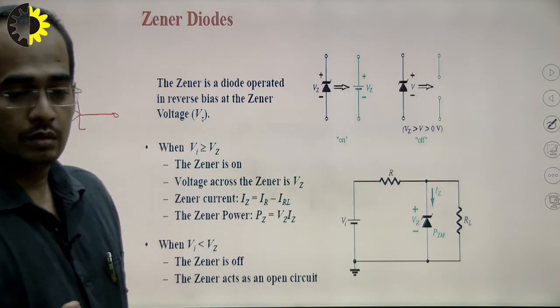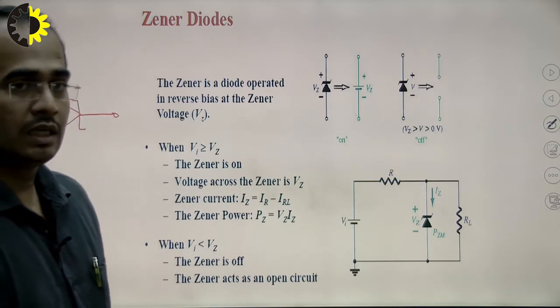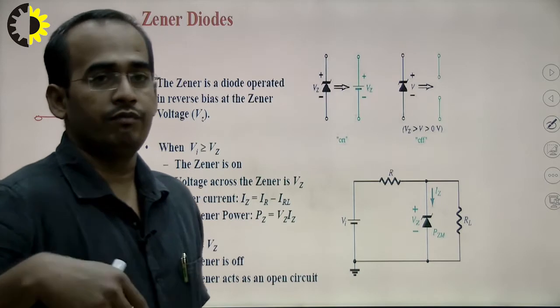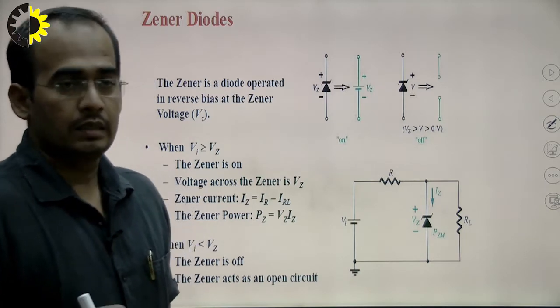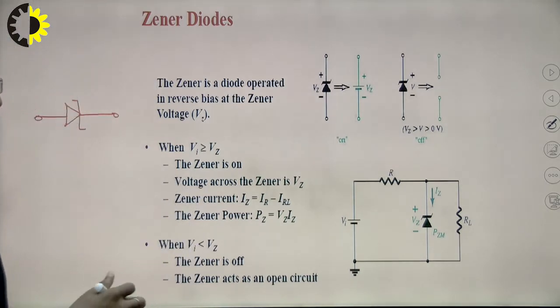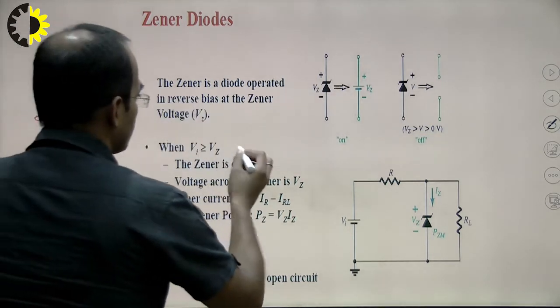When the diode is reverse biased, the current will flow through the Zener diode, but the necessary condition is this.